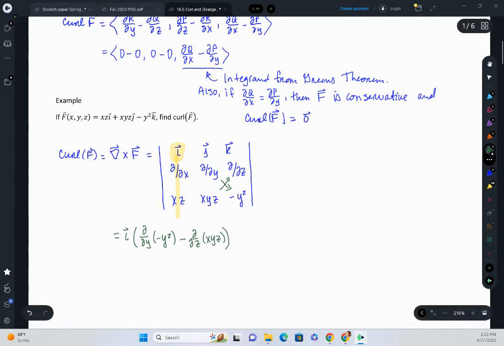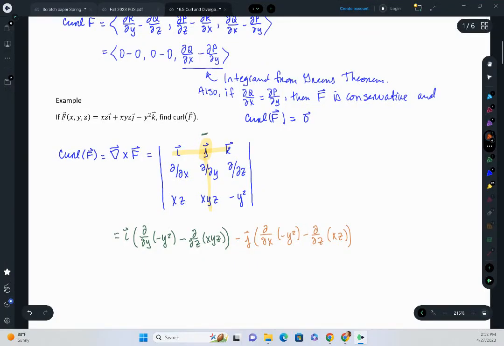Then I can go ahead and erase those, and I move on to the second component, j. I have to remember that there's a minus sign over that. I cross out the row and column that j is in so that I can focus on the 2 by 2 determinant that I need to calculate now. So with the minus j hat, now I'm looking at del x of minus y squared minus del z of xz.